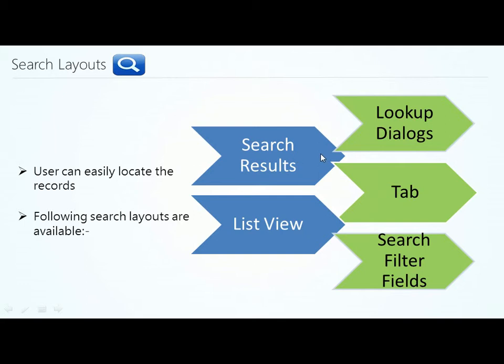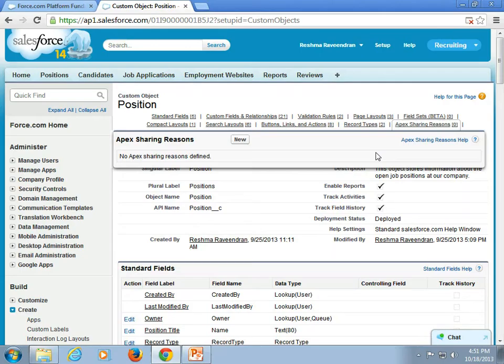Search layout is here to help him or her. We have these types of search layouts: search result, list view, lookup dialogs, tabs, and search filter fields. Let's have a glance at what they are.